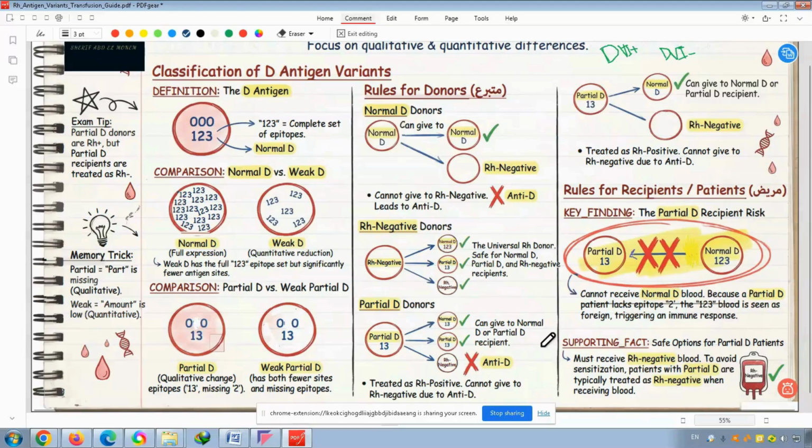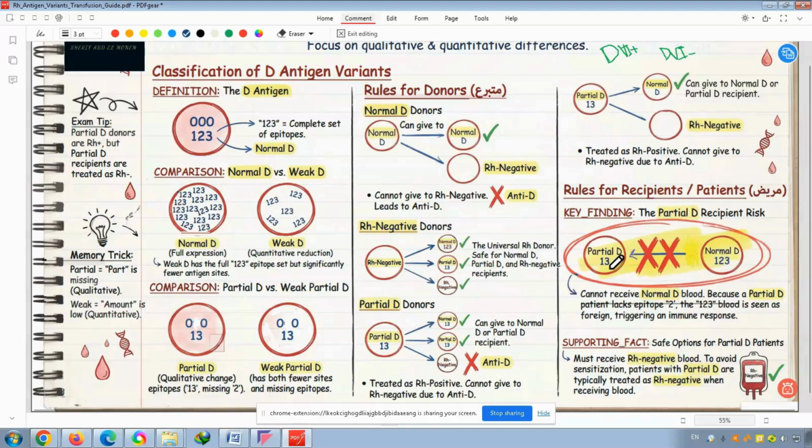Their body will develop anti-D. We have already seen the situation with the donor, and what would happen if we considered it positive or partial or negative in various cases. Now let's look at the other side.